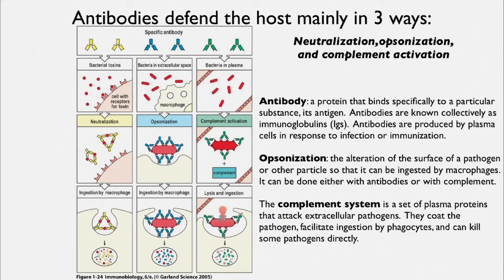It's coated with something that's specific to non-self, and it's eaten by the macrophage. Another possibility is that there are bacteria out there just in the plasma, in the blood, and they get coated by complement, and then they are lysed and ingested by macrophage.